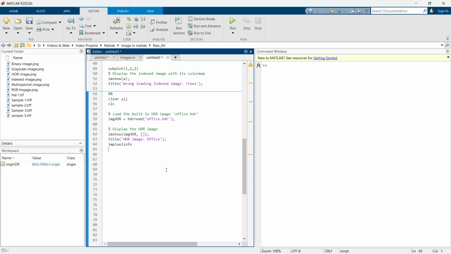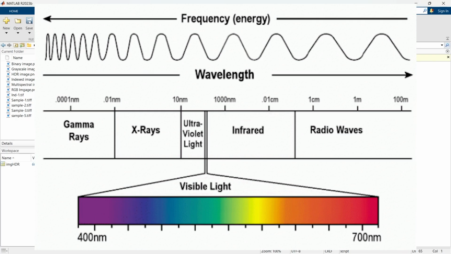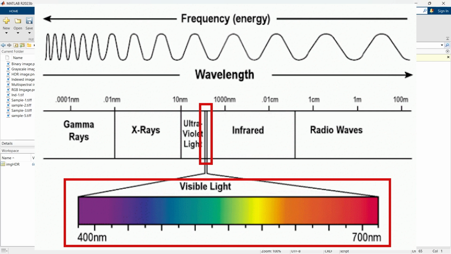Now here I have used this term spectral band many times. So what does spectral band mean? Basically, a spectral band represents a specific range of wavelengths of light. Our human eyes can see light in the visible spectrum only, which is from 400 to 700 nanometers.